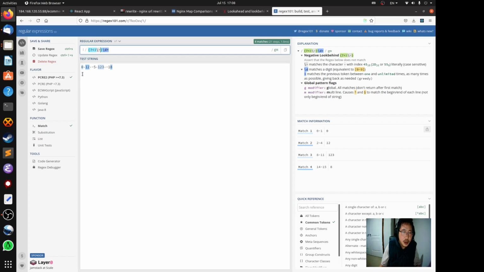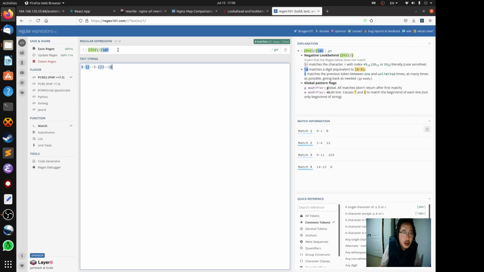It's just the start of the string. 12 doesn't have a negative sign at all. 5 is not there because it's a negative sign. 1 to 3 because its negative sign is not there. 8 because the previous digit is 1. It's not a negative sign. Not 1, not 18 because the previous sign is a negative sign, so it doesn't match.